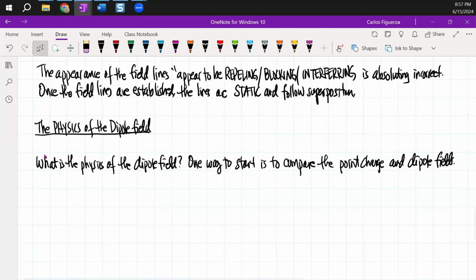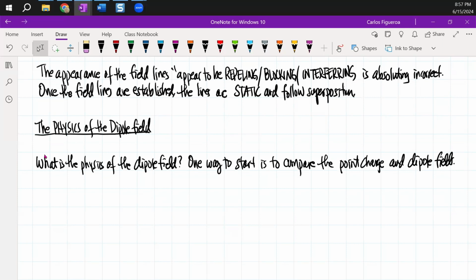And one of the things that I think is super interesting is that a point charge has a net charge. A dipole does not, yet they both have electric fields, which I think is super, super interesting.